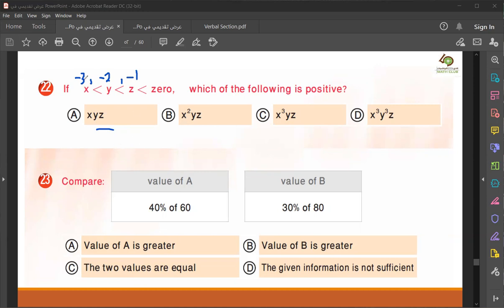X square will be negative square, it is what? Positive. Y is minus 2 times minus 1 will be positive. Positive times positive equals what? Positive. Right? You see, my student? Good.